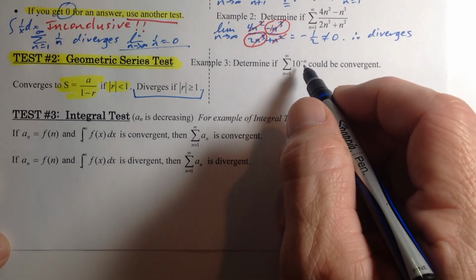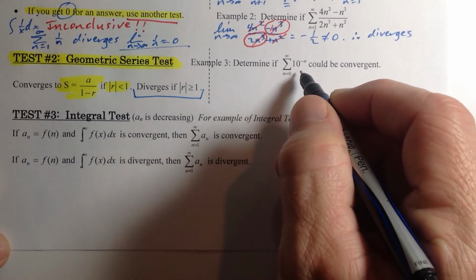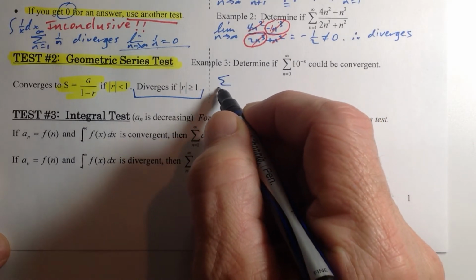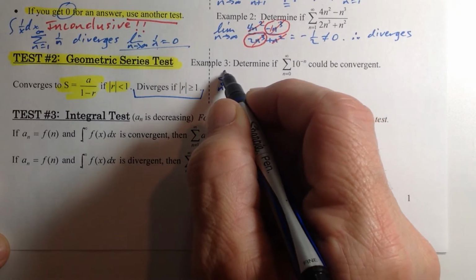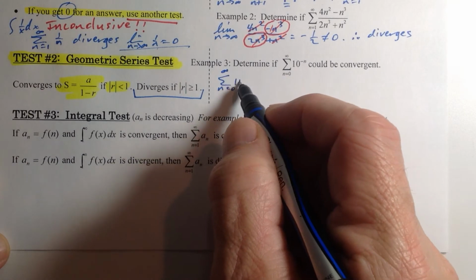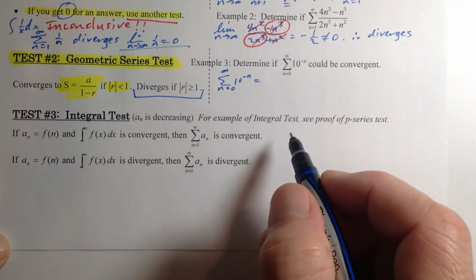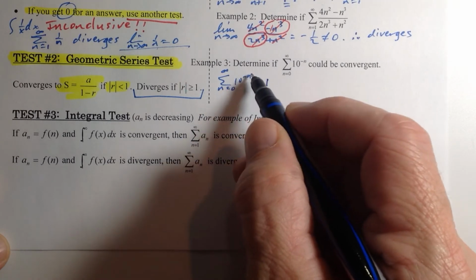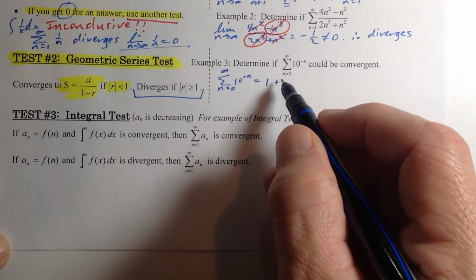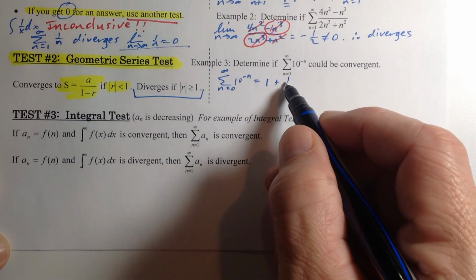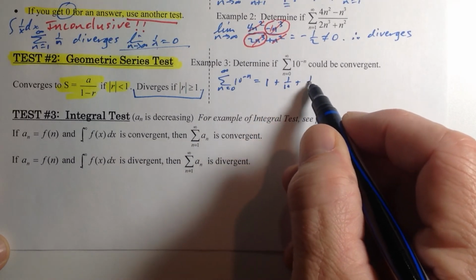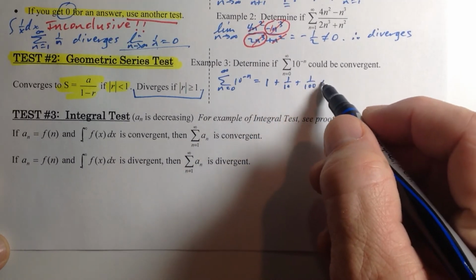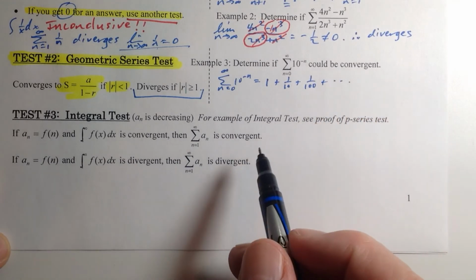Okay, well, if we write out the first few terms, we can write it like this, from n equals 0 to infinity. When we write out the first few terms, we get a better idea of what's going on. When we replace n with 0, we get 1, 10 to the 0 is 1, and then we get plus 10 to the negative 1, which is 1/10, plus 10 to the negative 2, which is 1 over 100, plus ... We can see the pattern here.